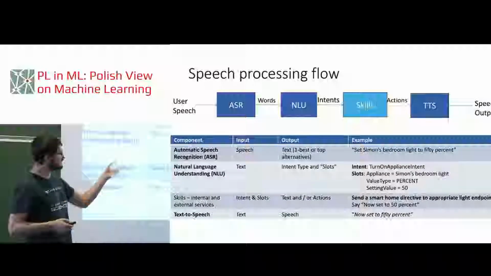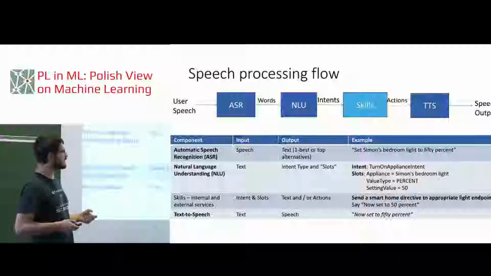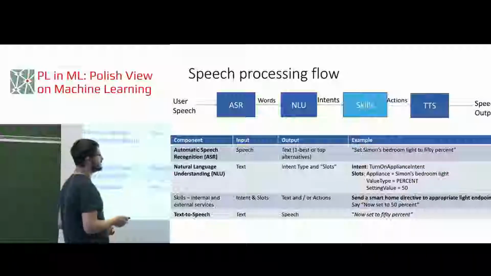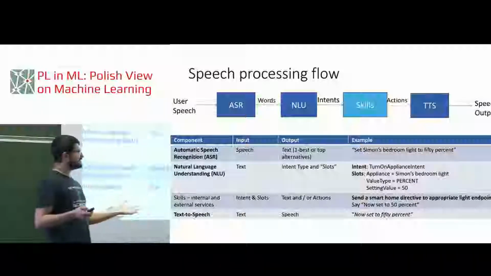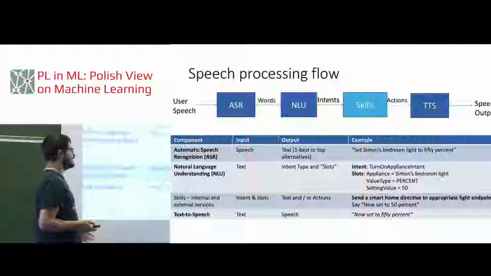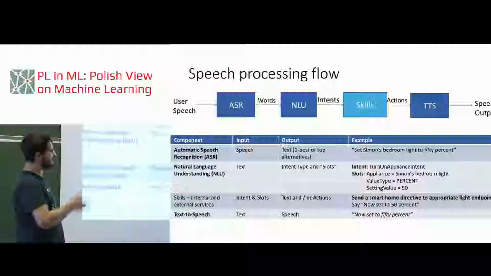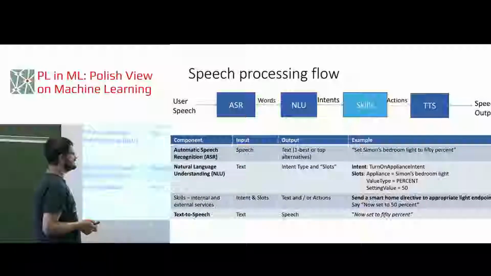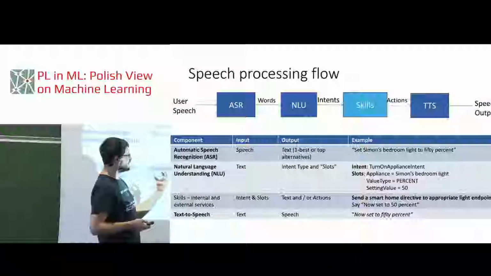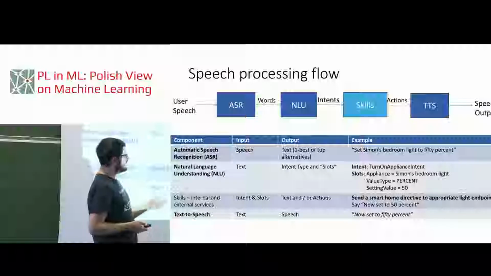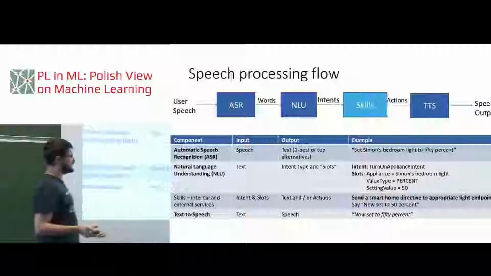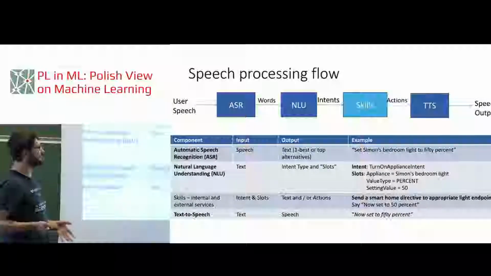So the slots in this particular sentence are Simon's bedroom light, which we identify as the appliance name. Value type is percent, so we extracted a slot which describes this value increment, and a setting value which is 50, and we transform it to its numeric form.